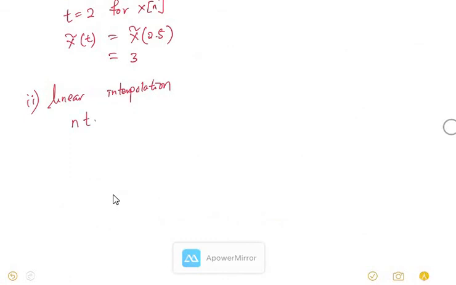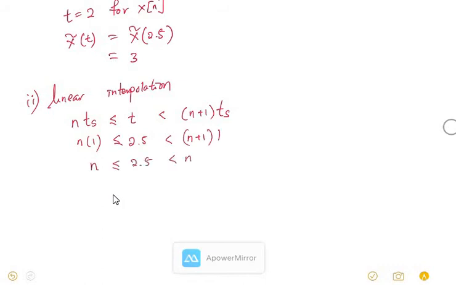The formula must satisfy the equation like this because it's linear, right? So t in your question is 2.5. nTs is 2, and (n+1)Ts is 3, since Ts is 1. So this is from 2 to 3.